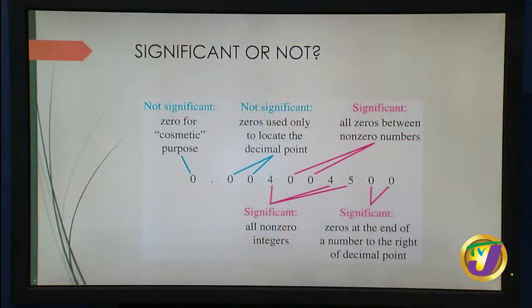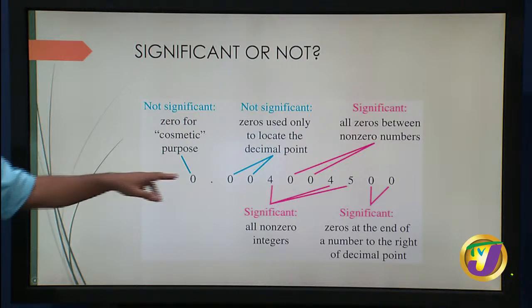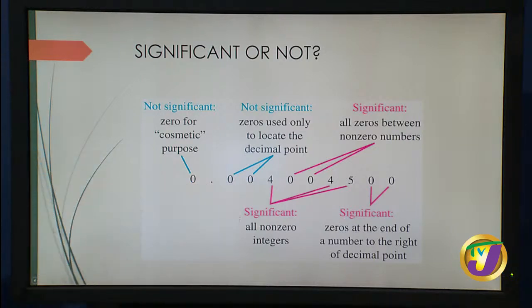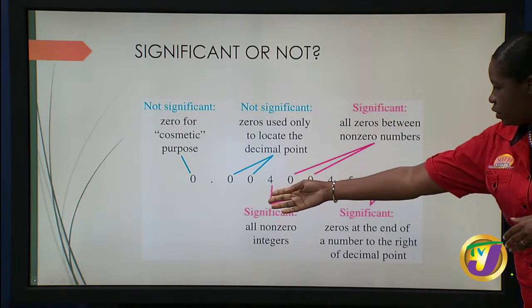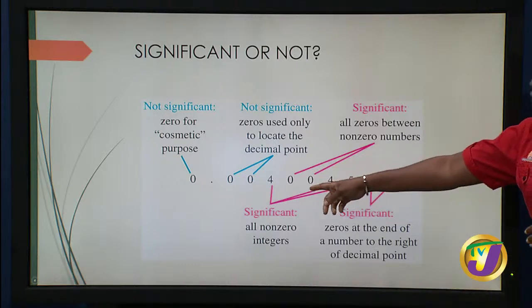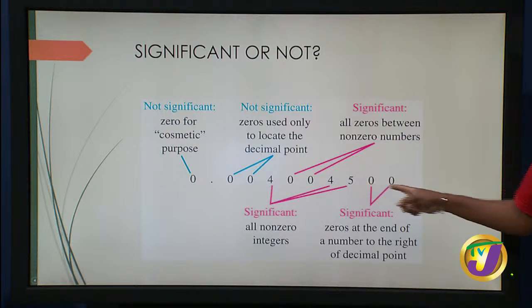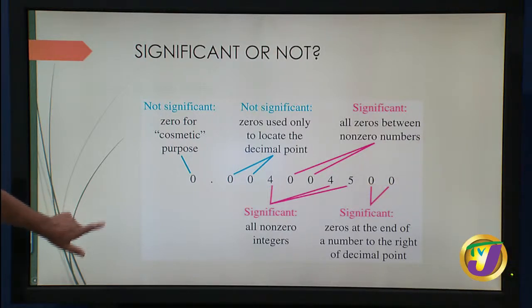It serves a cosmetic purpose because really and truly, most persons, I tend to write it sometimes, even without that first zero in front of the decimal place. Next, as we had discussed before, the other leading zeros really don't affect the value of the whole number. They're not significant in this case. And in here also, these zeros between these two non-zero digits would be significant. And these two at the end, as you had mentioned before, are also significant.